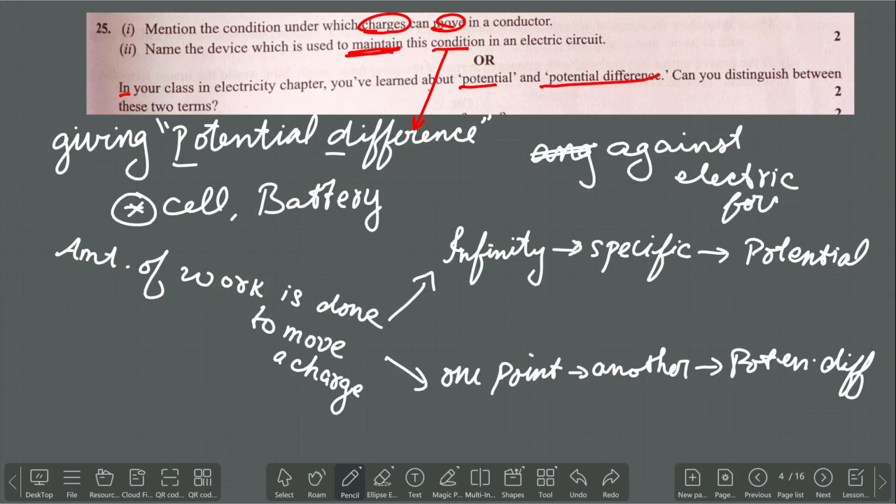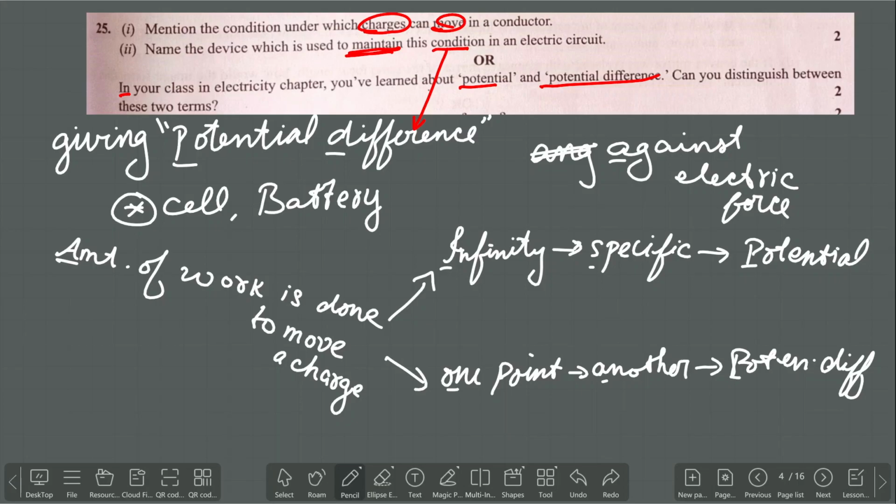Clear? So how do we write potential? The amount of work done to move a charge from infinity to a specific point against the electric force is called potential. Similarly, the amount of work done to move a charge from one point to another point against electric force is called potential difference.